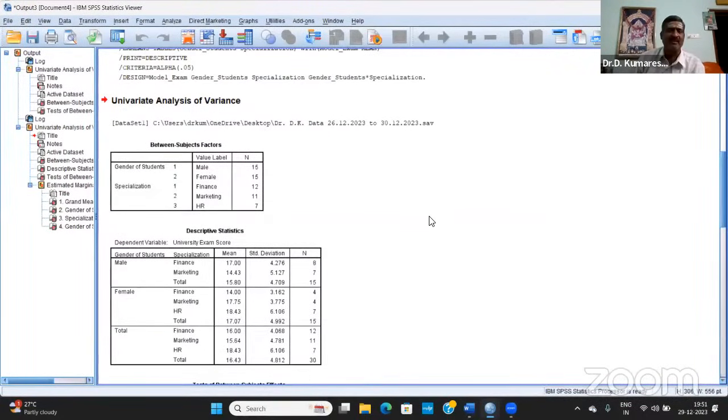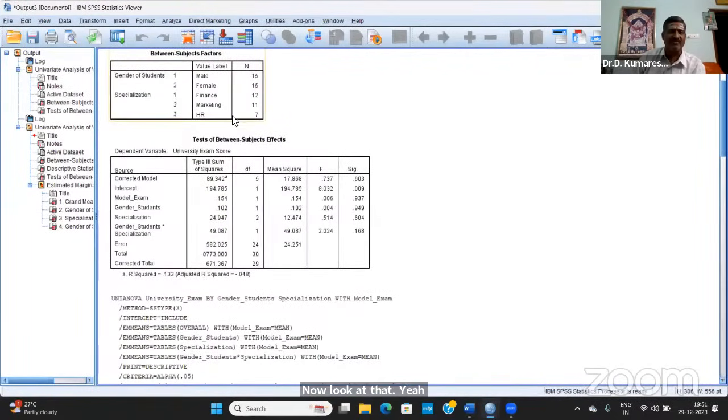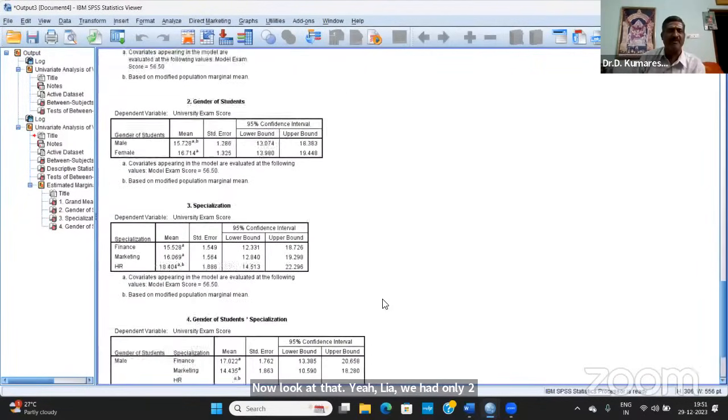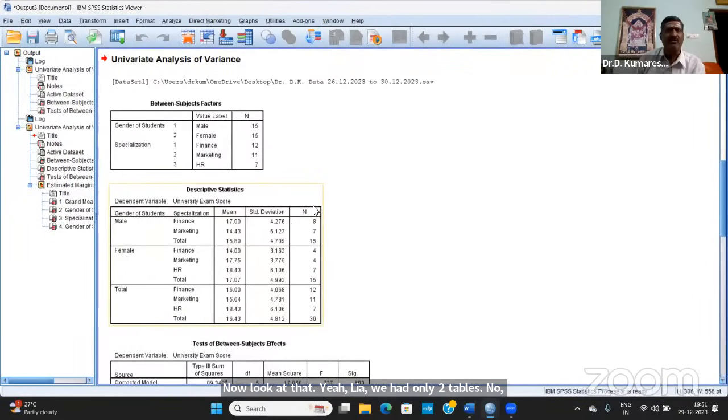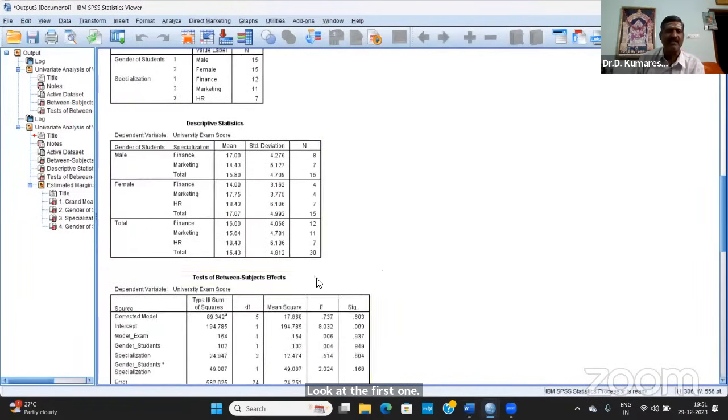Thank you. Now look at the results. Earlier, we had only 2 tables. Now we have a number of tables. Look at the first one. That is as usual, the same result. Then come to the descriptive statistics.